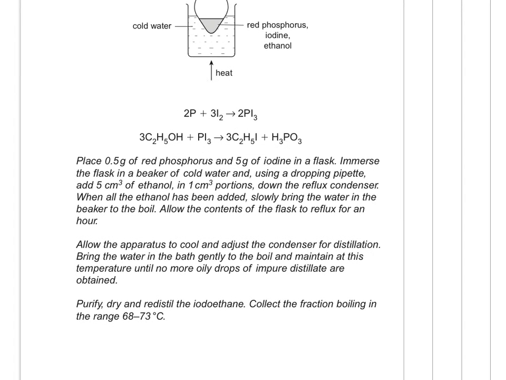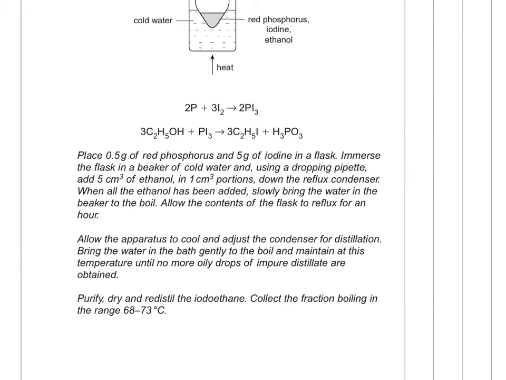So if you look here, you can see that we are told that we used 5 centimeters cubed of ethanol. So what the question is asking us here is the actual mass of ethanol that we used. Yes, it may be in excess, we may not end up using all of it, but that's the mass of ethanol that we added in the first place.